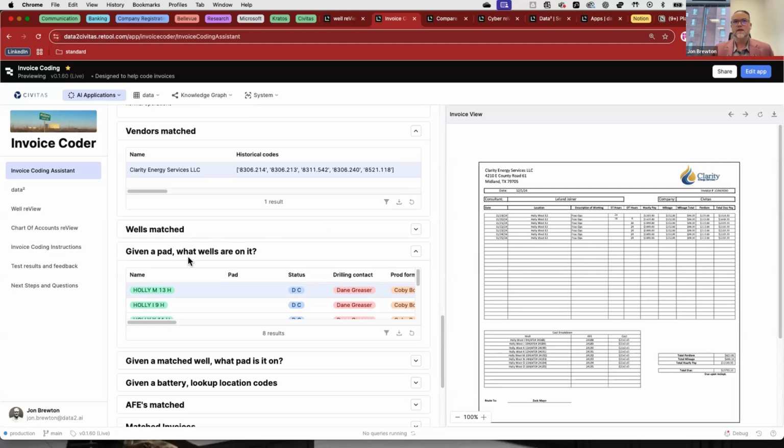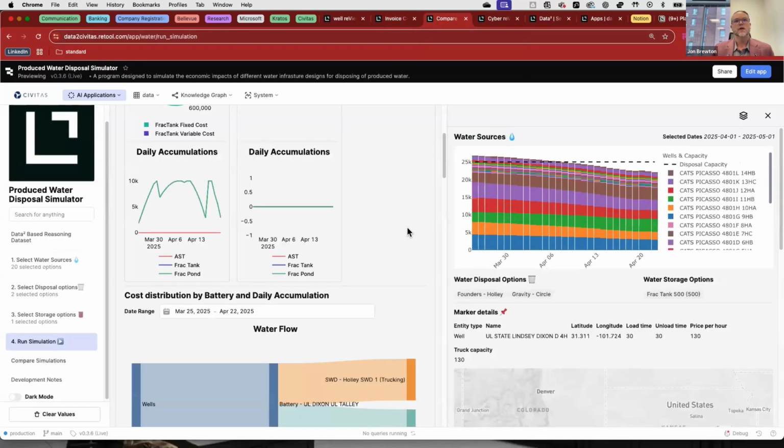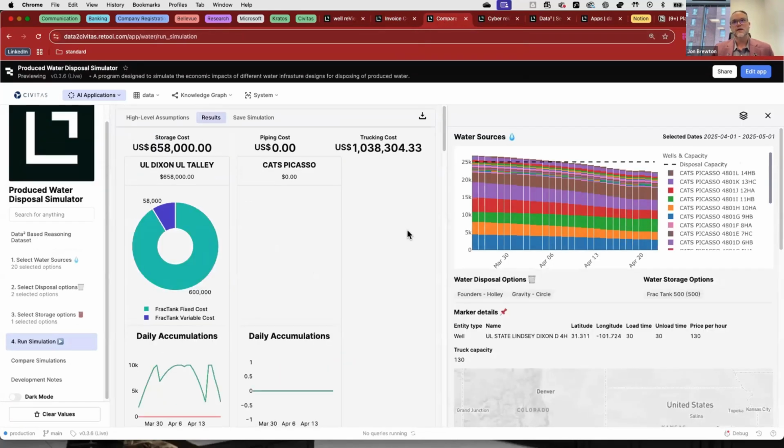The second thing that we did, I think that's really important, is we built a tool which allows us to scenario model production facilities, our handling capacity on surface, how we treat water, how we dispose of water, how we do that on an economic basis, and how we handle any overages in the system at scale.